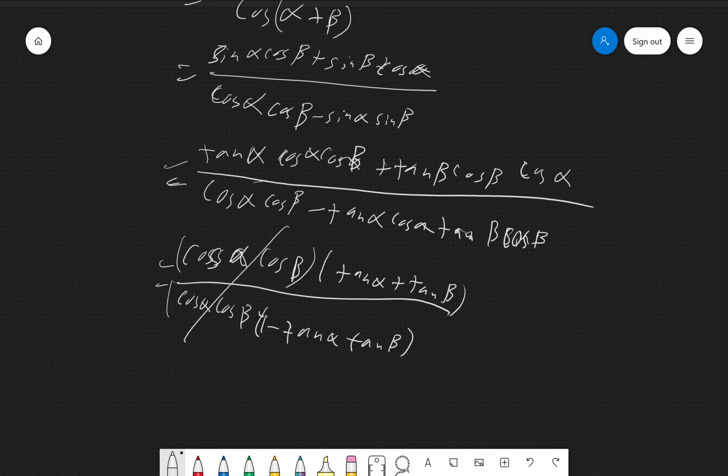These cancel, and that's our identity. That's equal to tangent of alpha plus the tangent of beta over 1 minus the tangent of alpha tangent of beta.